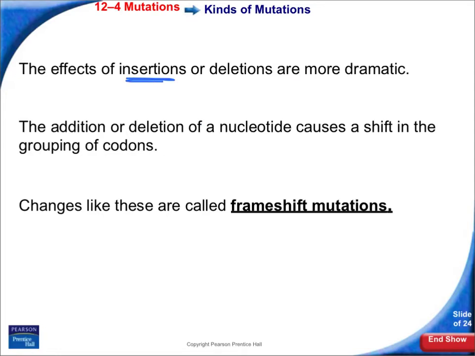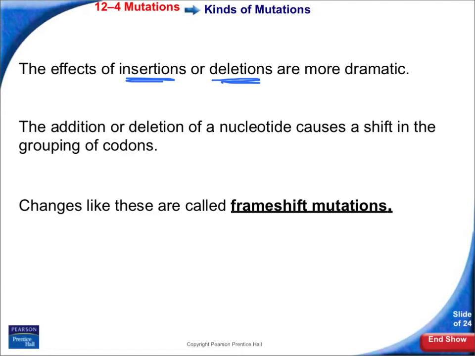Insertions of letters or deletions of letters are going to have a bigger impact on the organism than just a substitution. With an insertion, we're adding a whole extra letter, or with a deletion, we're taking out a letter.